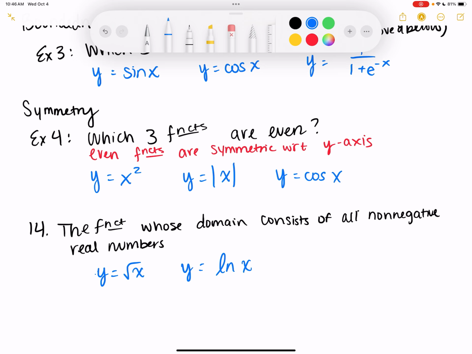I forgot about that. Yes, it is not negative, but it's also not positive, and it is a real number. So I guess there really is only one. All non-negative, which would include 0.